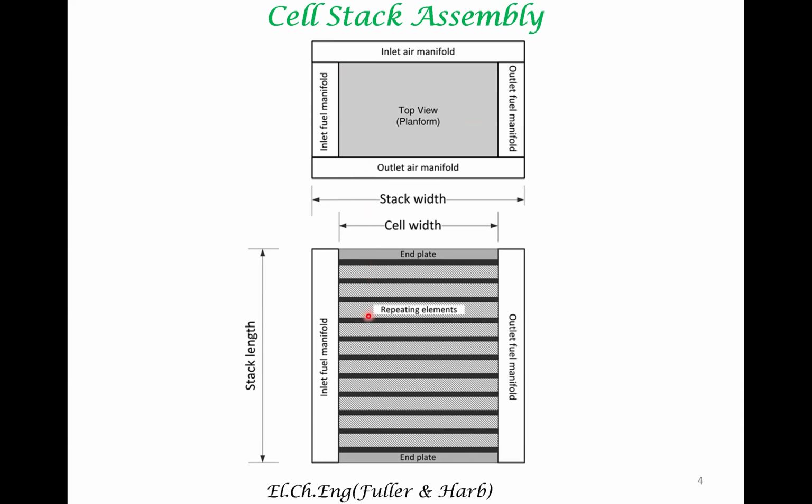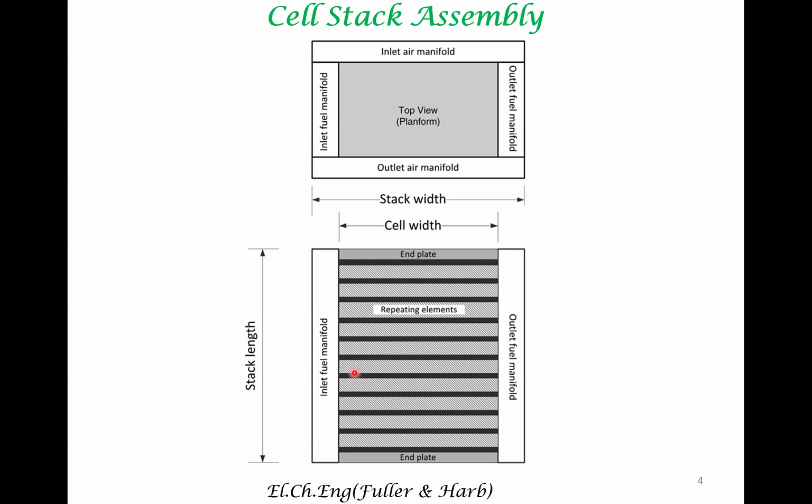What we are looking here is in a direction perpendicular to this. Okay, for example, if you're viewing from in this direction, you would see this. So there are different cells. That's what we mean by repeating elements. There are different cells stacked together to form a stack. So the stack length divided by the thickness of each of the element will give you the number of cells.